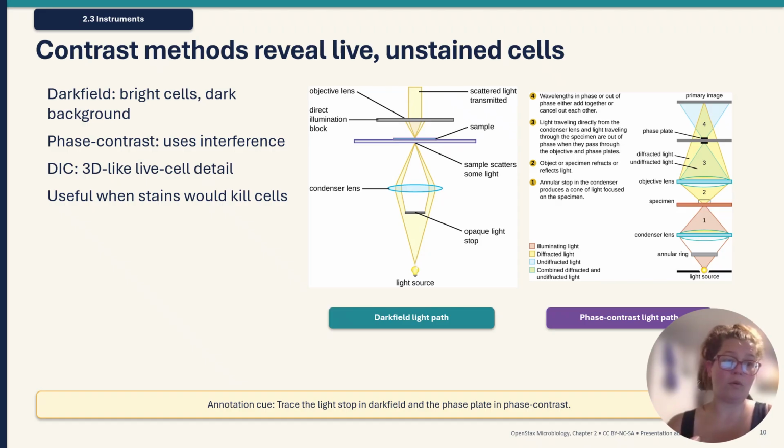Confocal microscopy uses lasers to scan multiple layers of a specimen and create highly detailed three-dimensional images. Confocal microscopes are especially useful for examining thick specimens like biofilms.